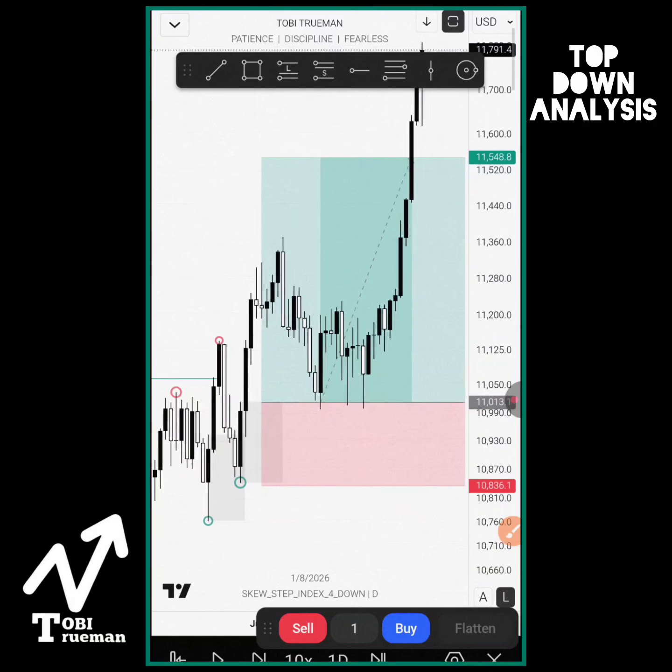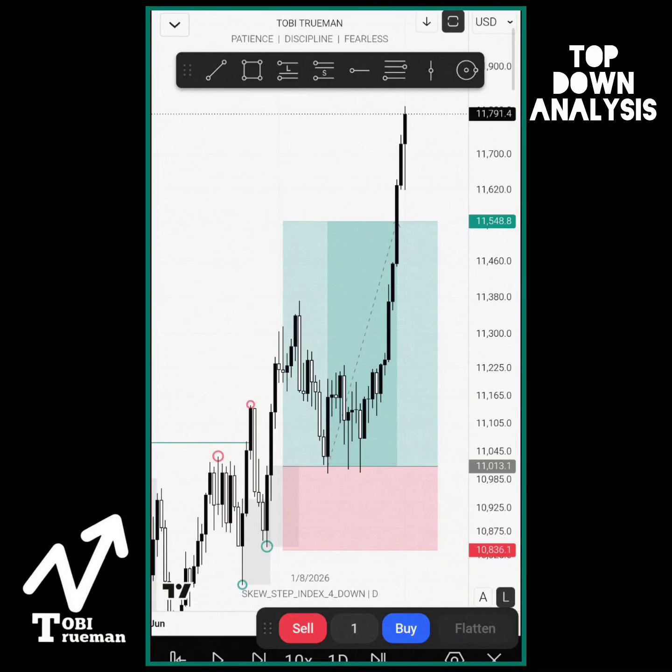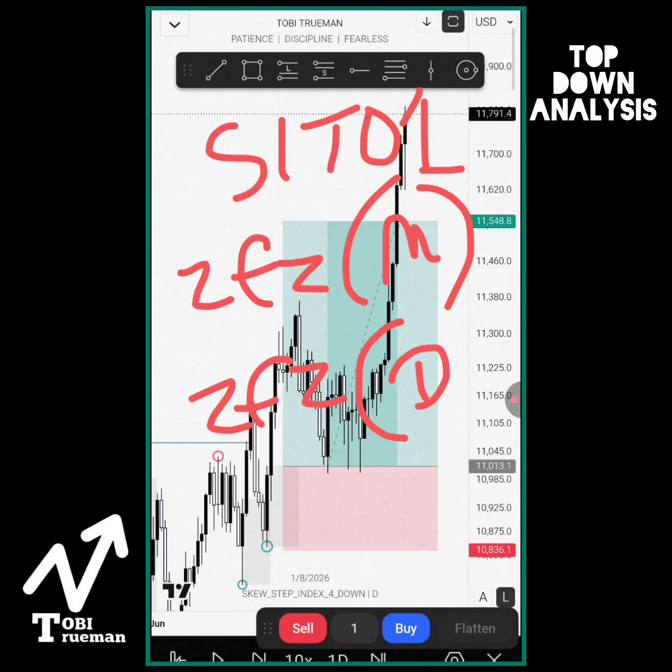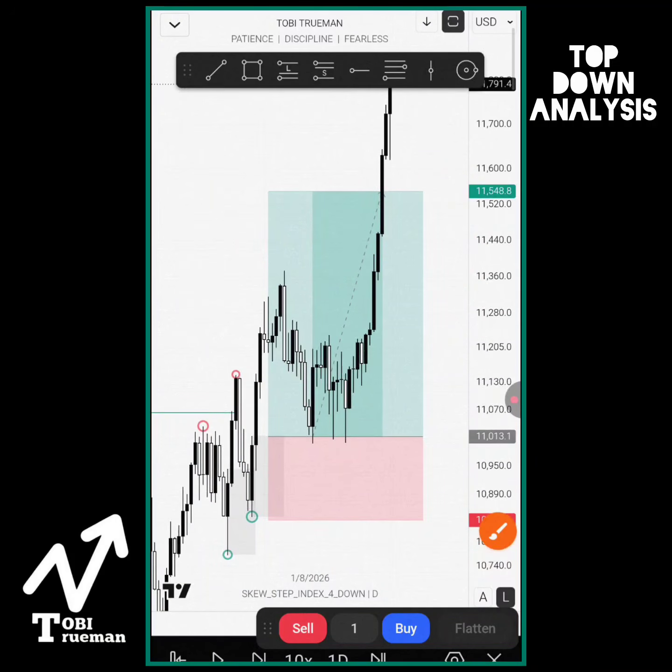So this particular trade gave us strategy 1, because price gave us zone from zone on the monthly time frame, and then we have zone from zone on the daily time frame. So putting these two together, we now have this particular beautiful trade risking 1 to 3.